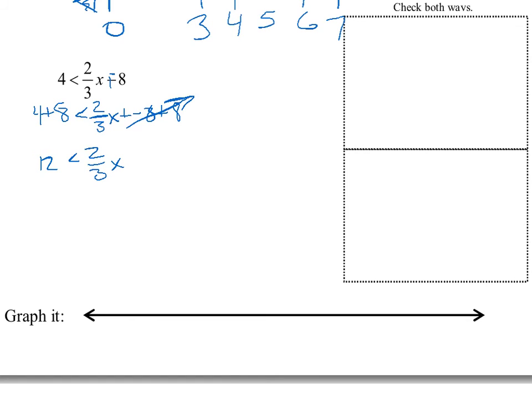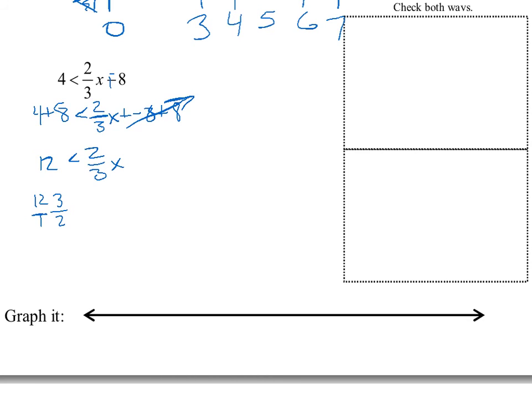Gerson, what inverse operation do I need to do here to get x alone? Multiply by the reciprocal. Very good. So we're going to take our 12, and our reciprocal is 3/2.